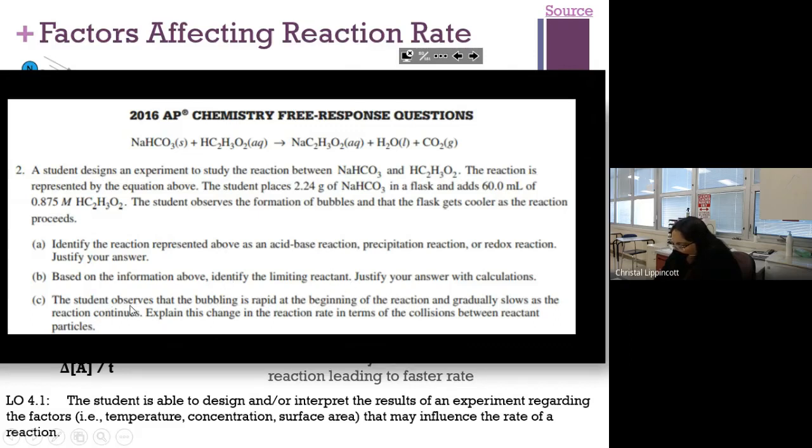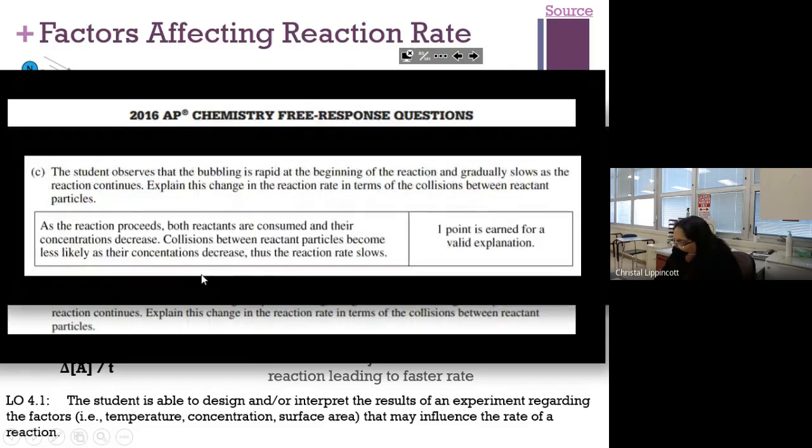A student observes bubbling as rapid at the beginning of the reaction and gradually slowing. Explain this change in reaction rate in terms of collisions. As you use up this material, there are going to be fewer collisions happening because there's less material to collide with each other. Okay.